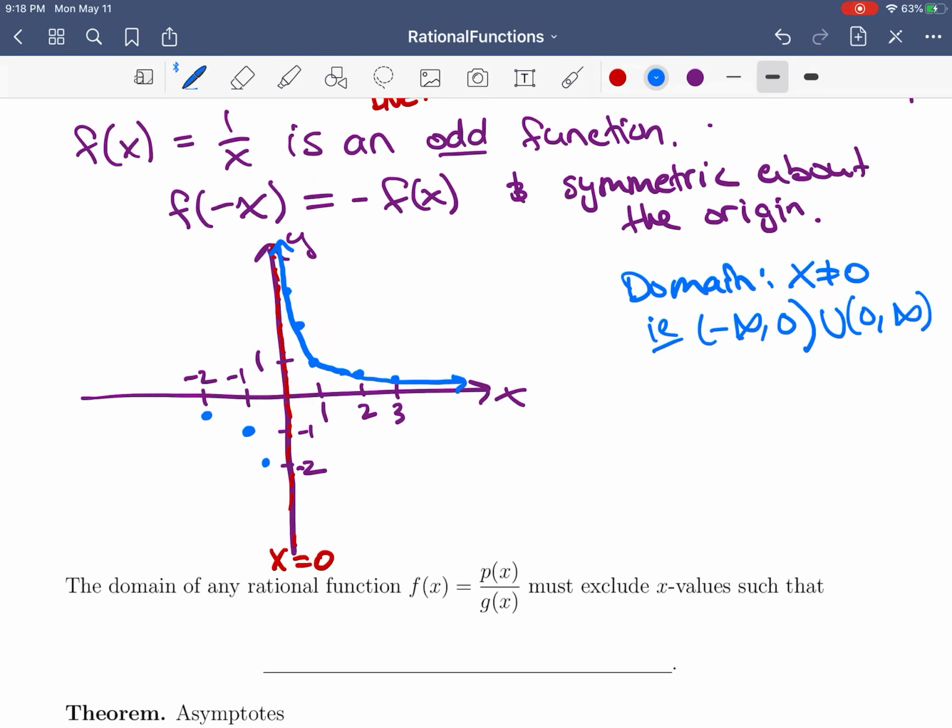Since it's an odd function, it should look exactly like the right-hand side, but flipped about the origin. It's going to approach the x-axis here, and then approach the y-axis down here. Okay, so this blue is f of x is 1/x.